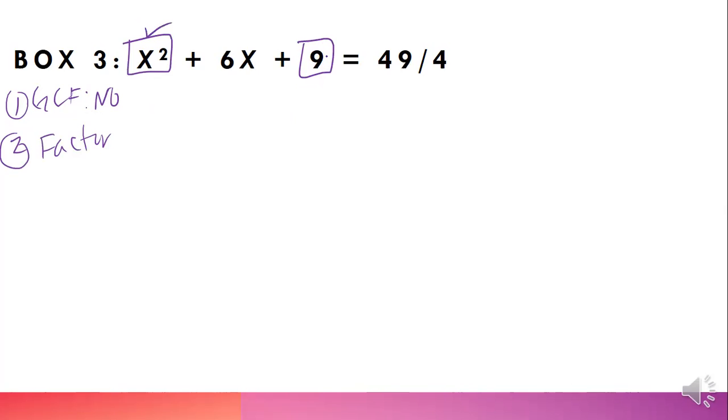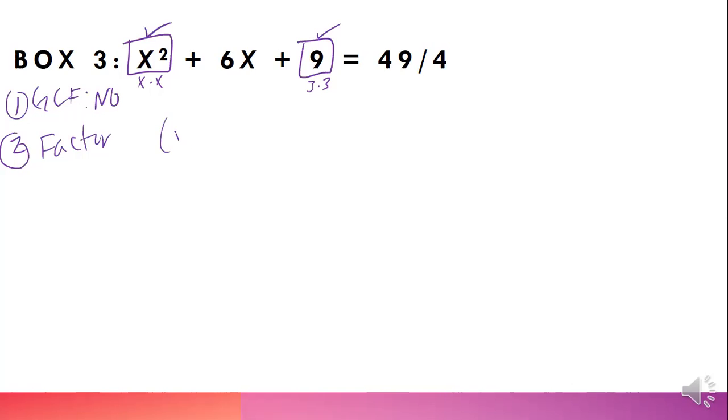Yes. Is this a perfect square? Yes. What makes them perfect? It's the same number or variable times itself. X times X, 3 times 3. Okay, so making sure that it works for the middle. X times 3 is 3x, and if I double it, do I get 6x?